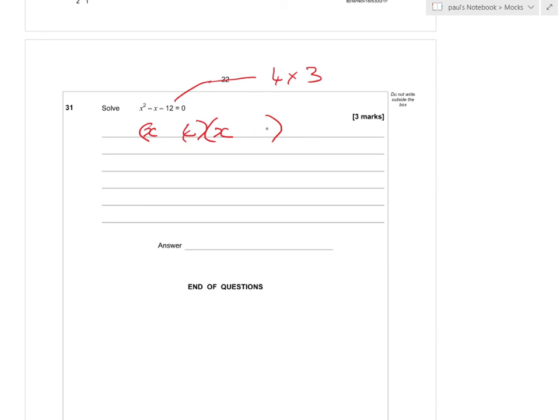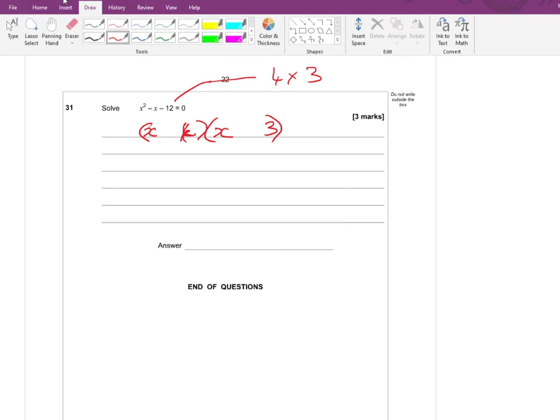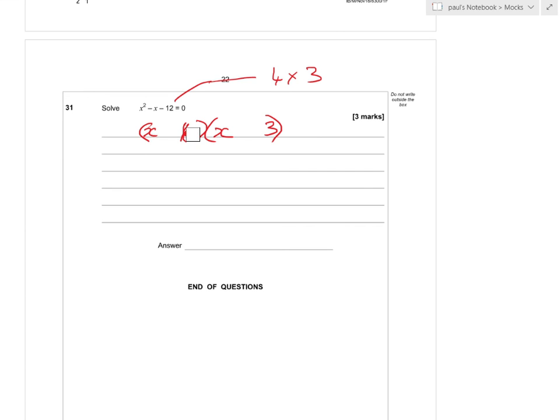And they've got to have a difference of minus 1. So that's a 4 in there, that's a 3. So if we have plus 3 minus 4. So the solution is x equals 4 and x equals minus 3.